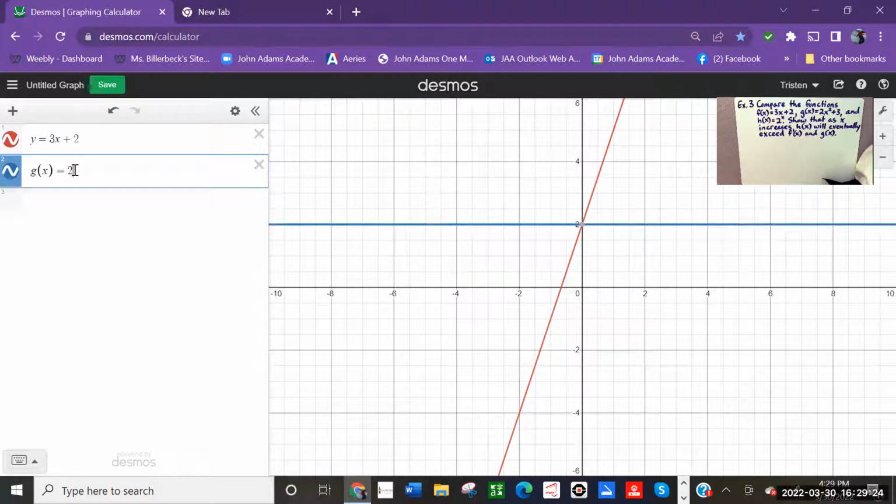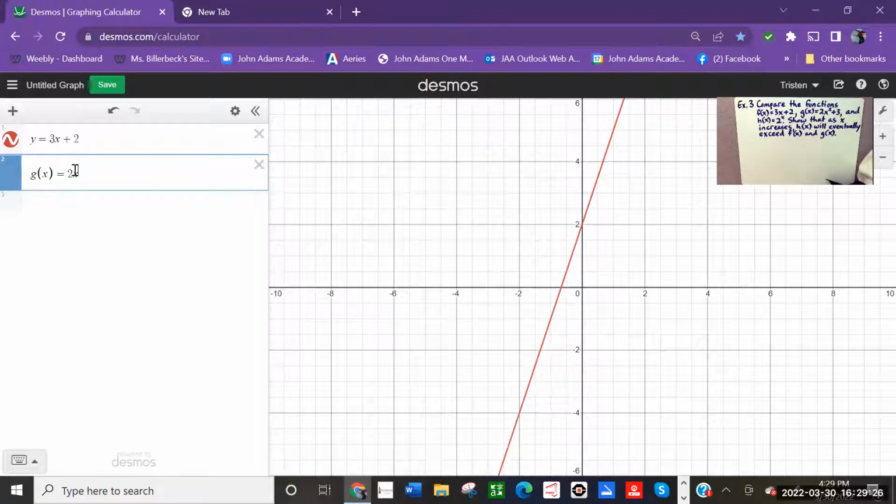Okay, so we have 2x, and when we want it up, we hit the caret key, and that's shift 6 on the keyboard. And then you arrow off that exponent so you can put in your plus sign. Otherwise, it ends up with your exponent. So let's do plus 3.